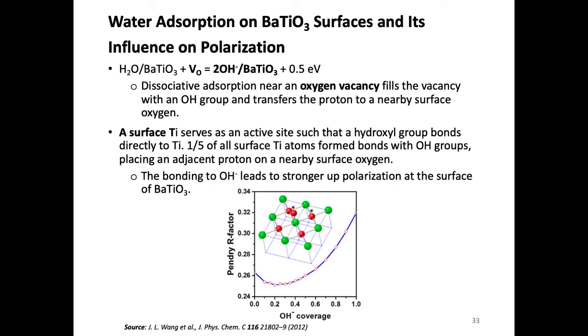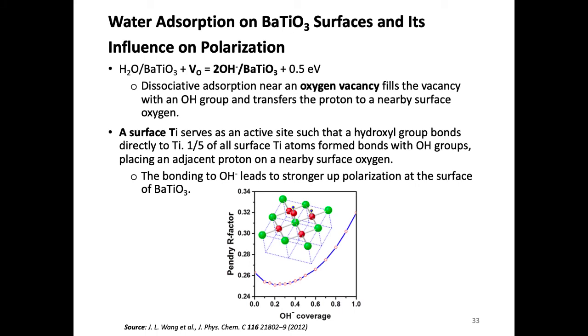For example, for oxygen vacancies, we can expect dissociative adsorption near an oxygen vacancy that fills the vacancy with an OH group and transfers the proton to a nearby surface oxygen. Whereas surface titanium serves as an active site such that a hydroxyl group bonds directly to titanium, and 1/5 of all surface titanium atoms form bonds with OH groups, placing an adjacent proton on a nearby surface oxygen.